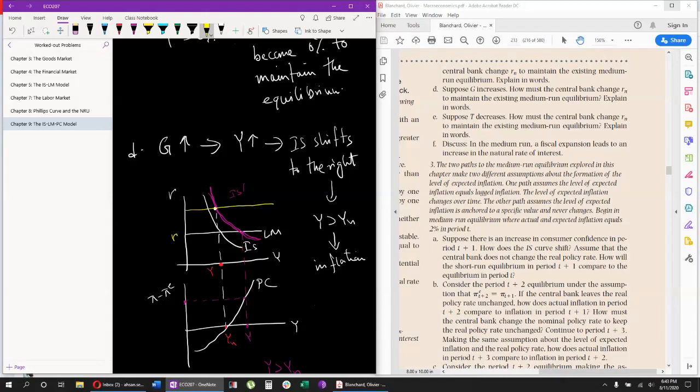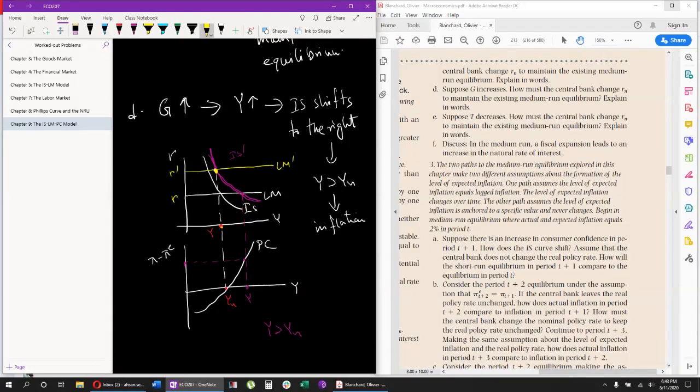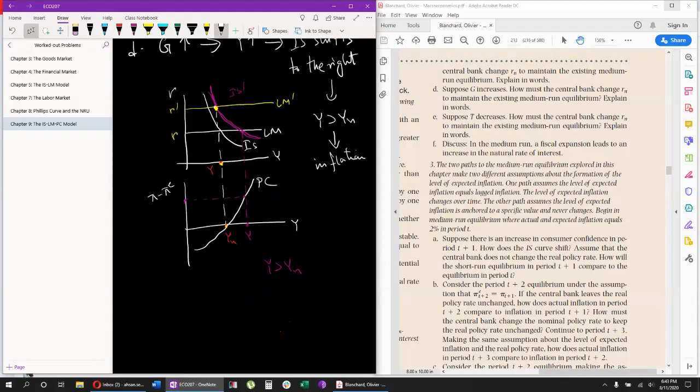So this used to be R. Now this is R prime. This is the new LM curve. So the point where the new LM and the new IS curve intersect is over here, which is once again at this point.